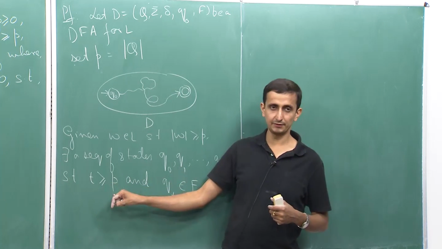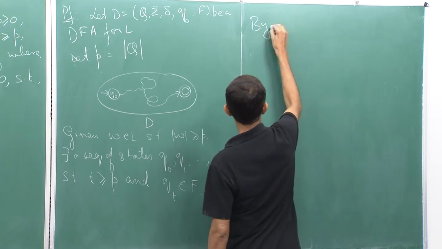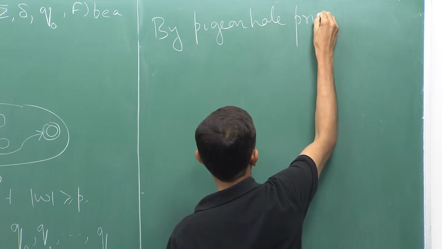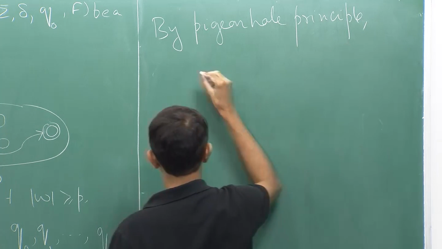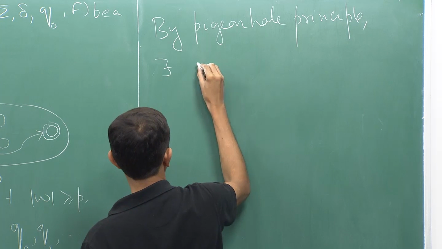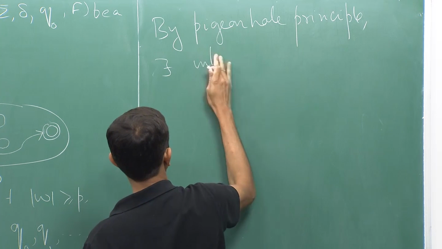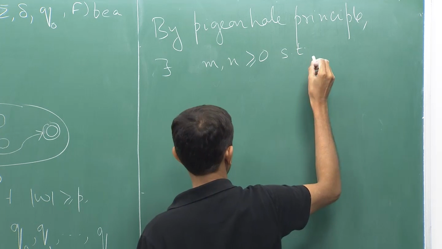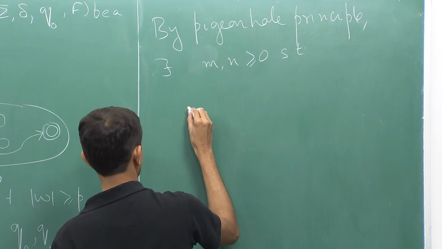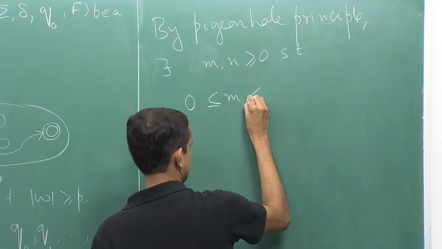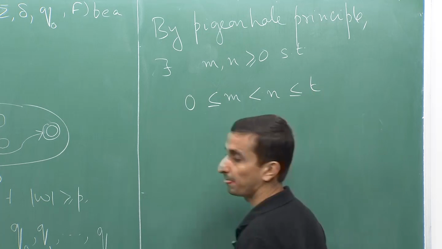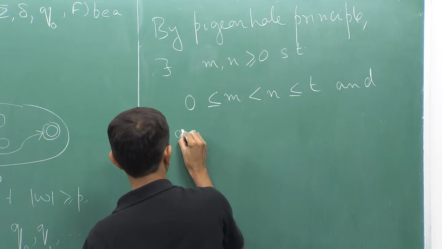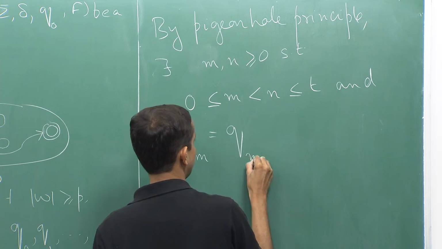So, by the pigeonhole principle, there exist m, n greater than or equal to 0 such that 0 is less than or equal to m, strictly less than n, less than or equal to t, and q_m equals q_n.